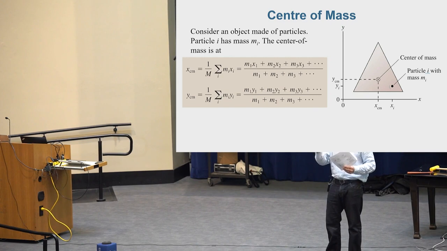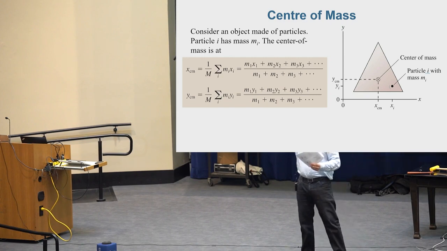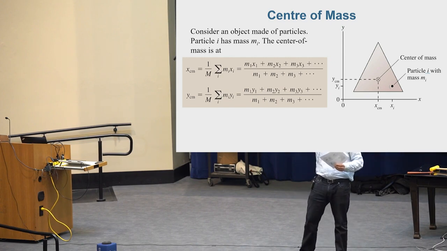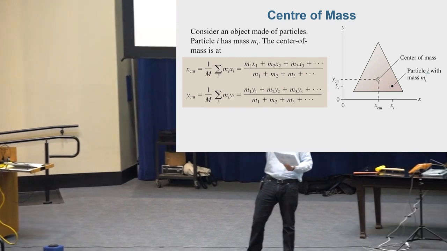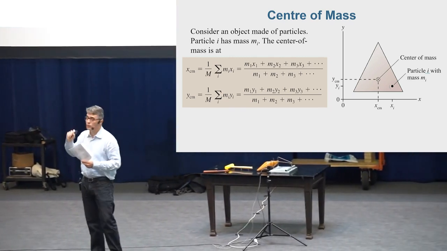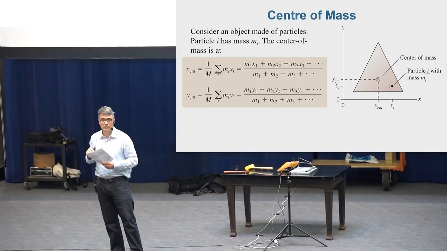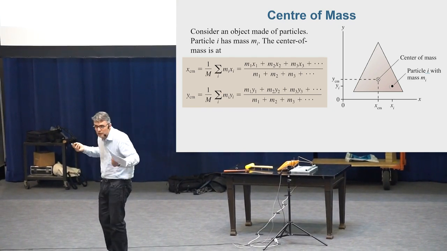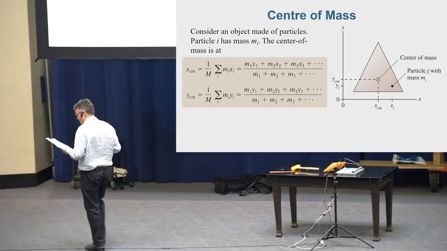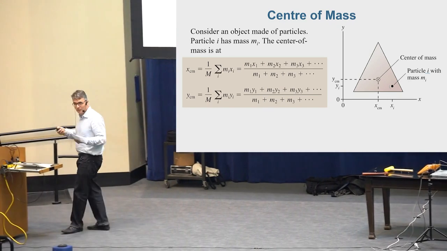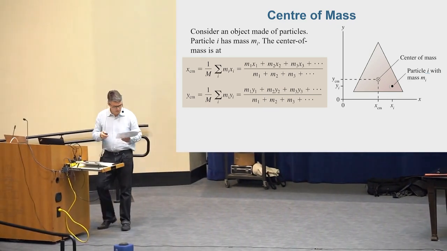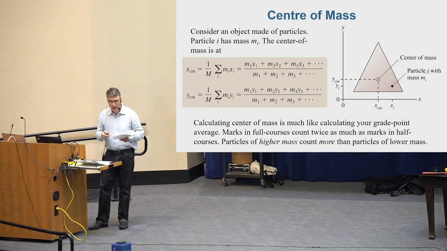First step is define your coordinate system. Where is your origin? Where is plus x, plus y? After that, then you can apply this equation. And it doesn't matter where you set it. Once you've set your coordinate system, you'll get the right answer. So we'll practice doing that a little bit.